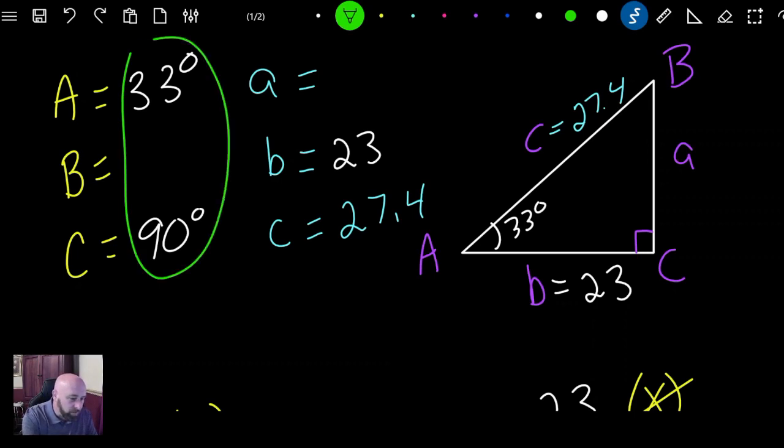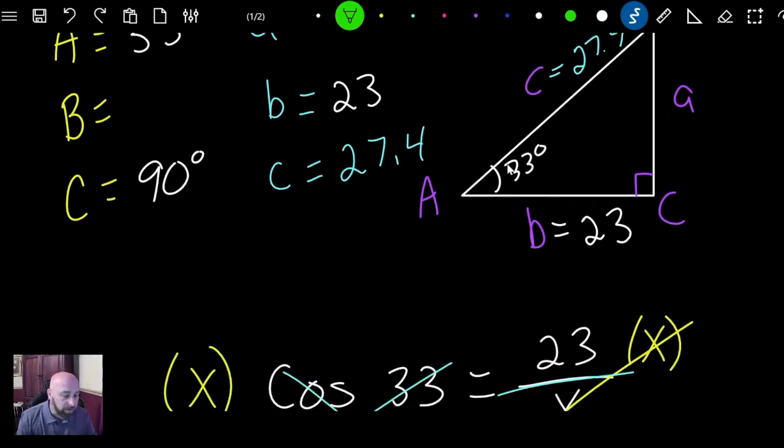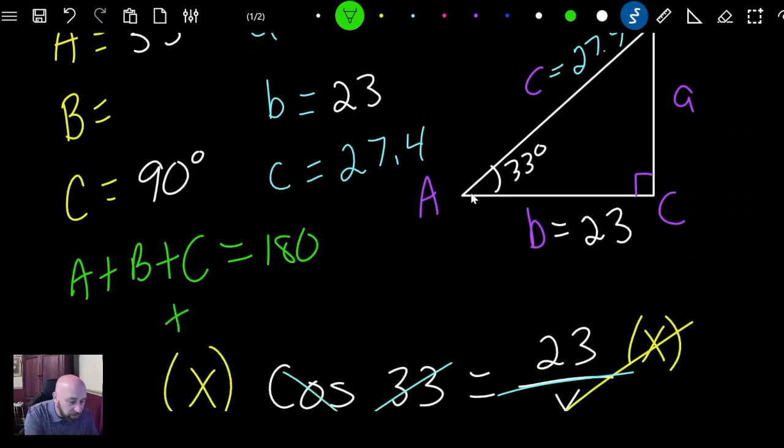But one thing that we can find immediately is side B. If there's two angles, we can find the third angle, and this doesn't take a whole lot of calculation, because remember, we have A plus B plus C equals 180. And since C always equals 90, we could just subtract 90 from both sides, and we could say that A plus B equals 90. Okay, remember this?